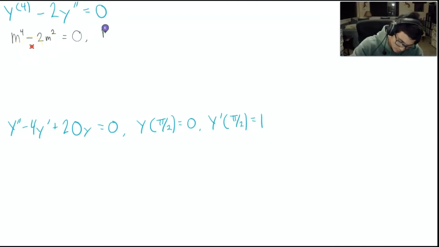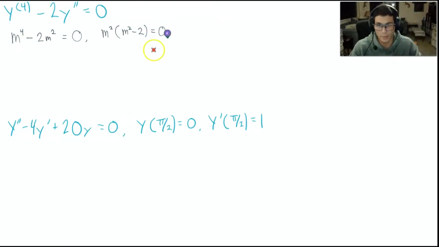So first I would start by factoring out an m squared, which gives us m squared times m squared minus 2. You can already see that two of the roots would just be m equal to 0, and that has a multiplicity of 2. That's pretty important, right?